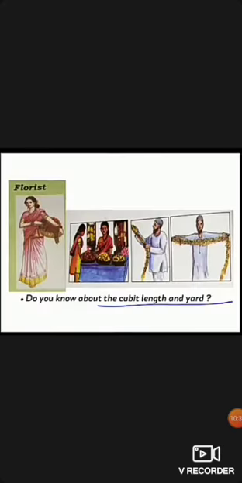So students, you have all seen how the stringed flowers are measured in the market, but now you got to know what we call those measurements. Those measurements are called cubit lengths and yard lengths. The cubit length is nothing but length from the tip of the middle finger to the elbow, and yard means length from the nose to the tip of the finger.